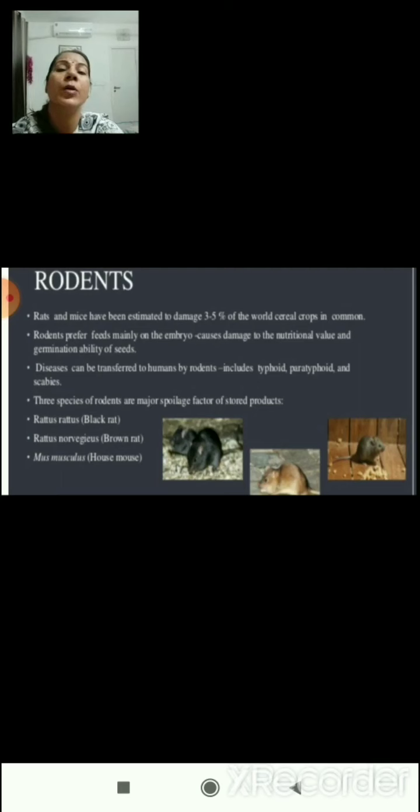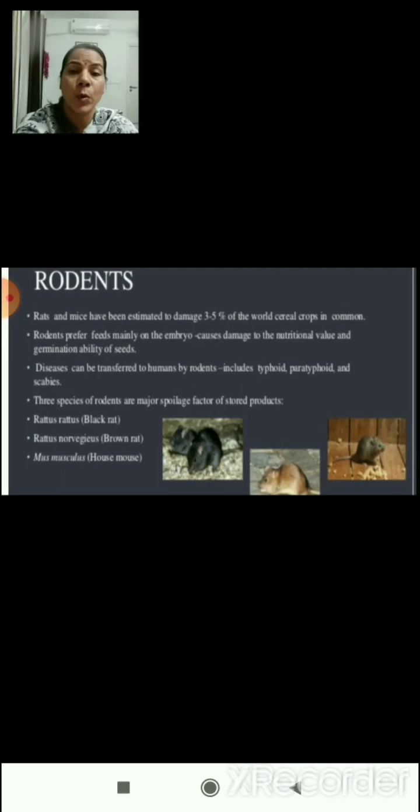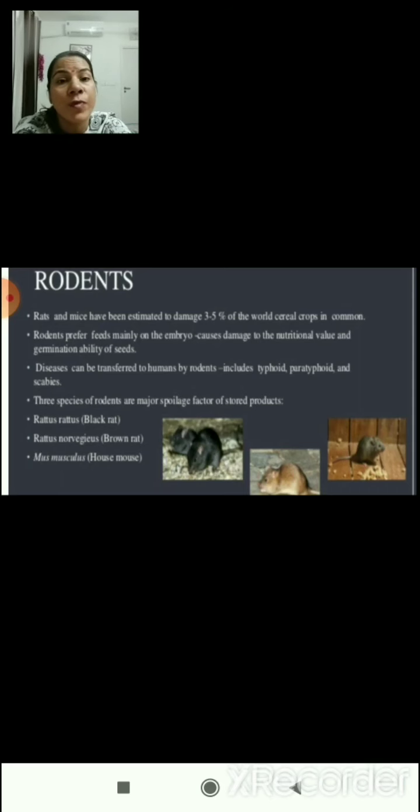Now another group is of rodents, which mainly includes rats. Rats and mice have been estimated to damage 3 to 5% of the world cereal crop in common. Rodents prefer to feed mainly on the embryo and cause damage to the nutritional value and germination ability of the seed.